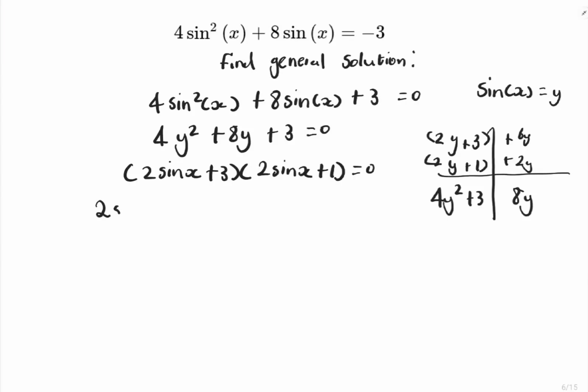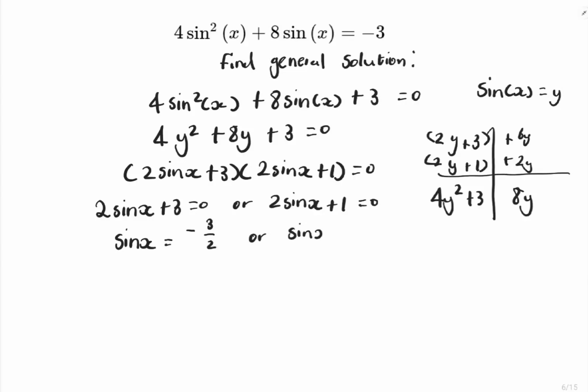We're going to say 2 sine x plus 3 is equal to 0, or 2 sine x plus 1 is equal to 0. Isolate the sine x on both. We're going to get negative 3 over 2, or negative 1 over 2, right?